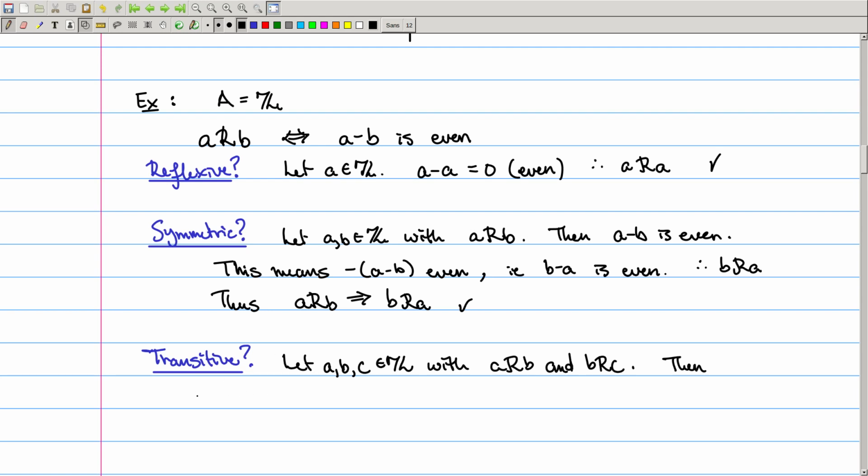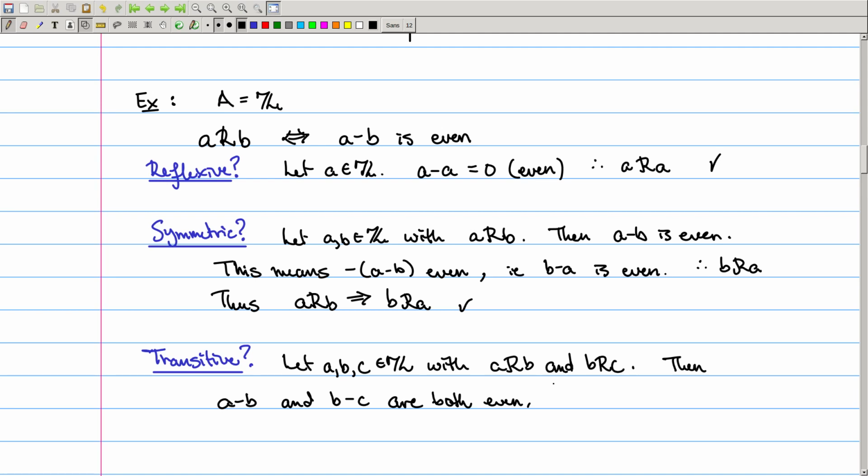It says that A minus B is even, and also B minus C is even. And I'm trying to show that A is related to C. That is to say that A minus C is even.